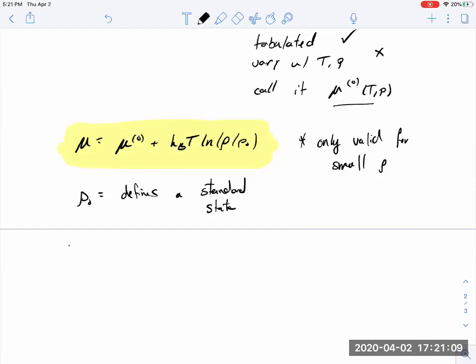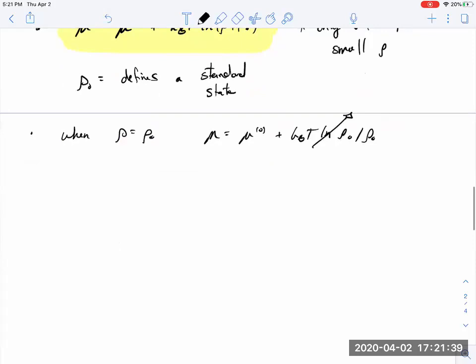That's useful because by construction, when the density is equal to rho naught, the chemical potential is the reference part plus kBT log rho over rho naught. Well, when rho is equal to rho naught, log of 1 is 0. The chemical potential is just that standard state chemical potential.